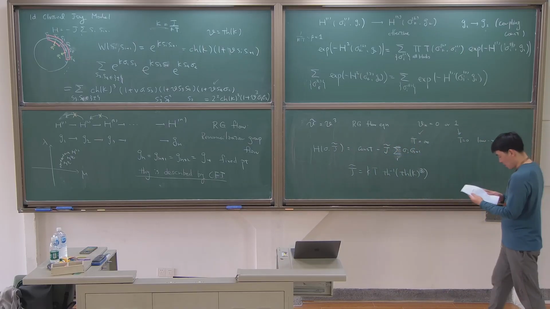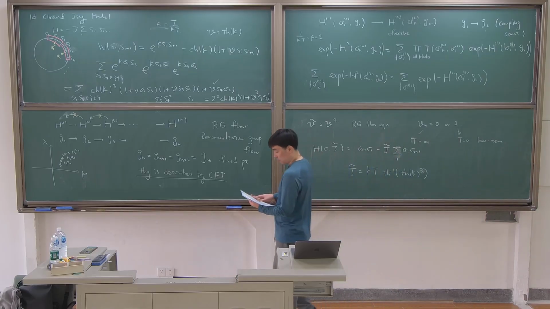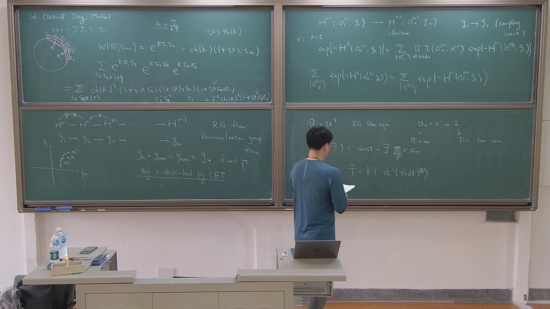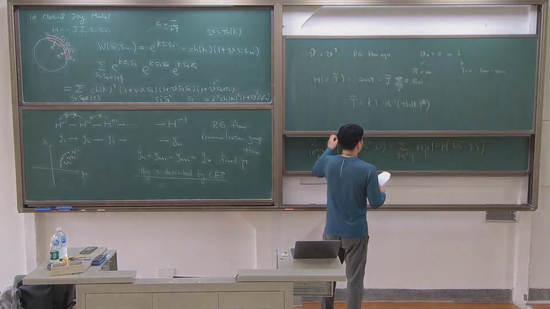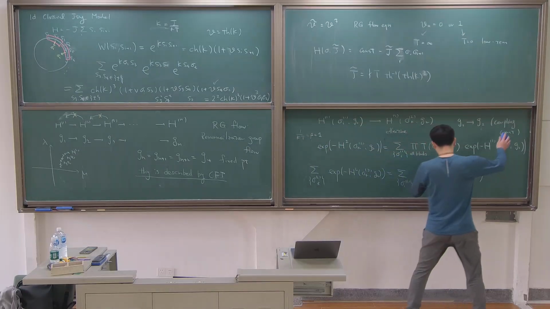So now let's look at the beta function and the column semantic expression.